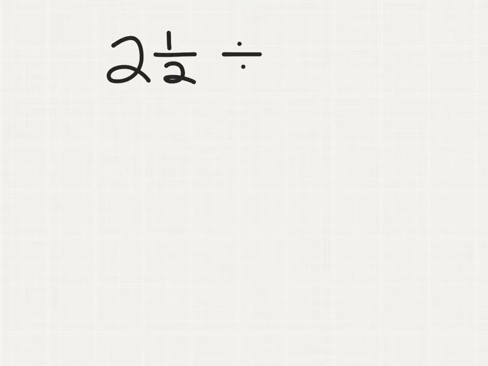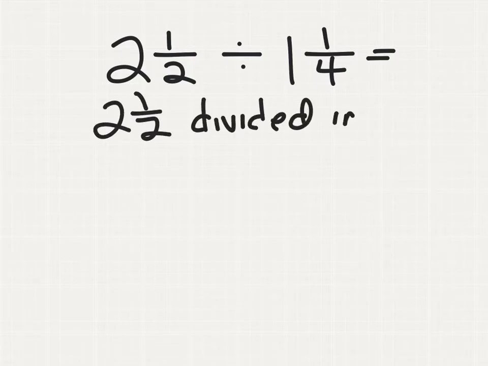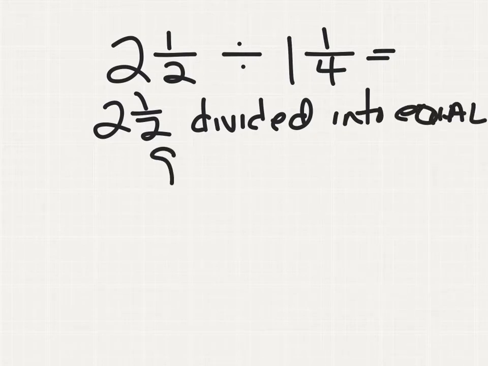So how would this work if both my dividend and my divisor were mixed numbers? 2.5 divided by 1 1/4. 2.5 divided into equal groups, right? Equal groups, groups that are equally sized.